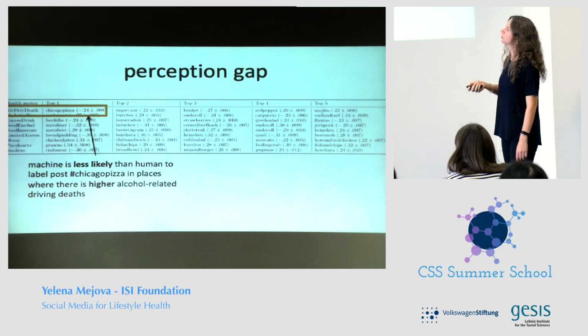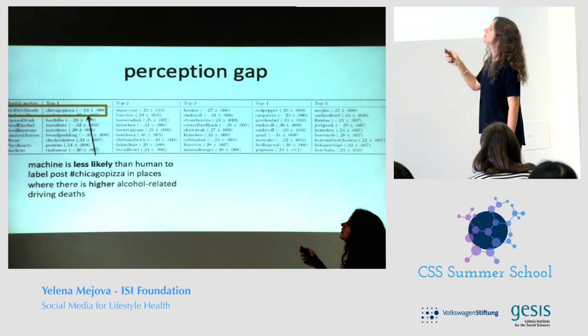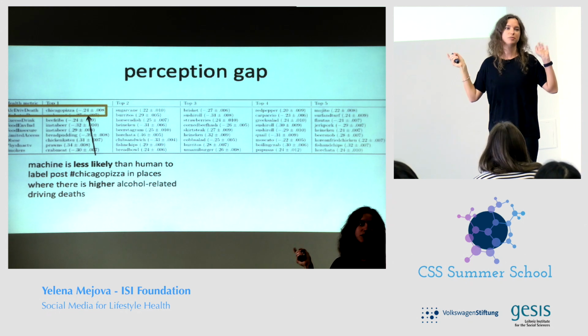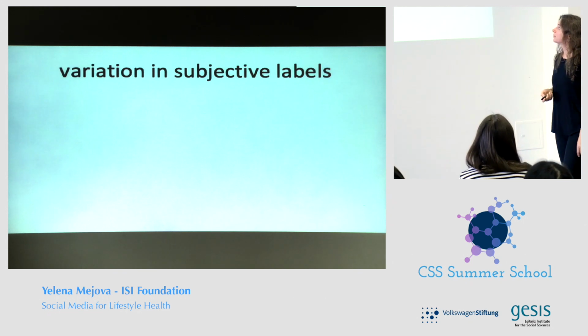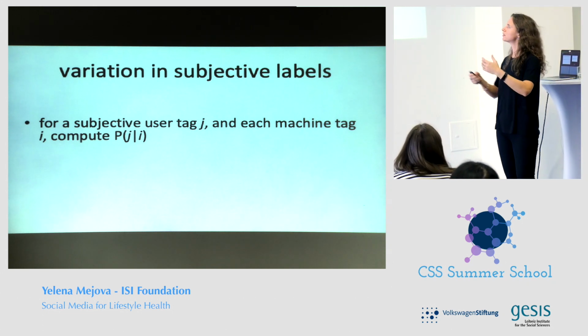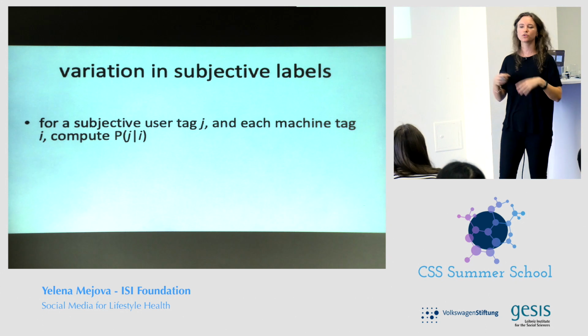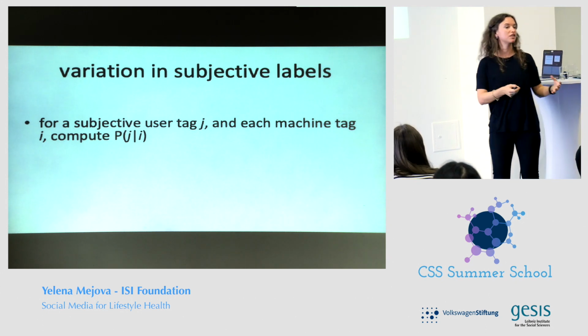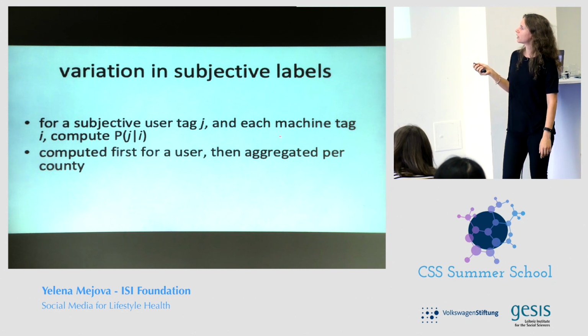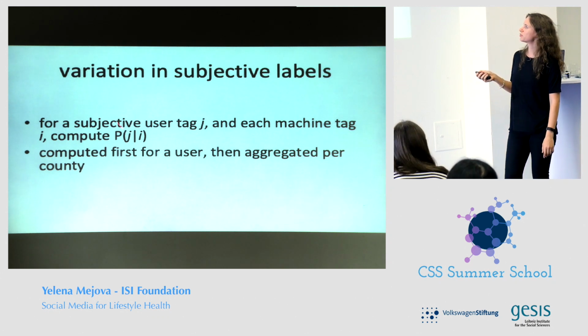Chicago pizza, of course, is negatively associated with alcohol-related deaths. I'm not sure what's going on. So the idea is that you can also look at subjective labels and see, when you say something is delicious, what does the computer tell us? So given some subjective tag, what will the machine tag? What is the probability of this machine tag?